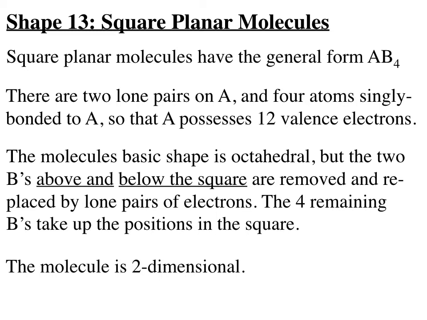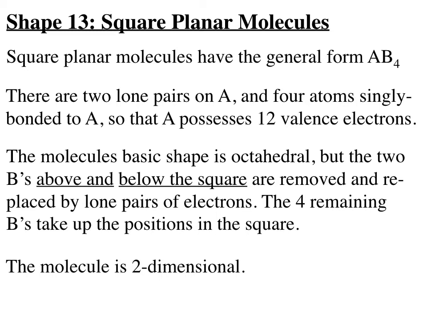Now, because of the high repulsiveness of these, those non-bonding pairs will not be 90 degrees opposed to one another. The lone pairs will get as far apart as they can, so they will get 180 degrees apart from one another.